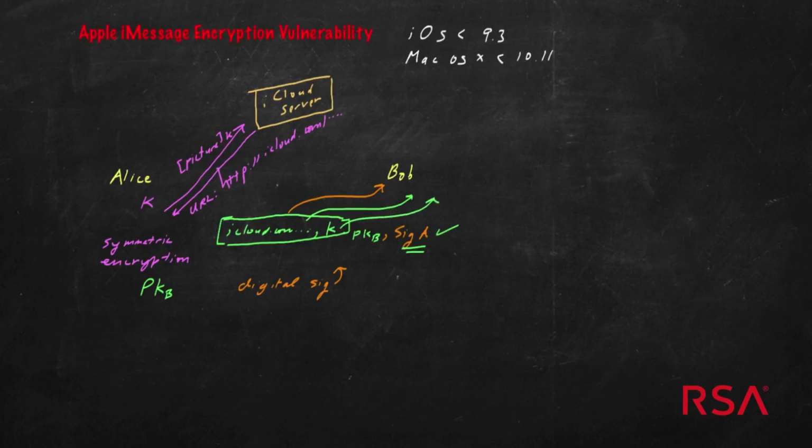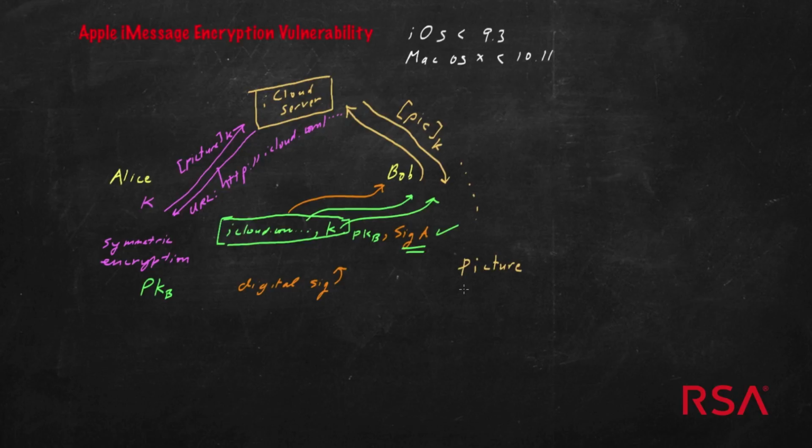And if the results look appropriately formed, then Bob's phone will go ahead and retrieve the encrypted image from that iCloud URL. It'll download that image, and then Bob's iPhone will decrypt that image using the key K. The result of all of these steps is that Alice will have successfully transmitted a message containing an attachment to Bob. And because cryptographic tools like encryption and digital signing were used, only Alice and Bob should ostensibly be able to determine the contents of that communication.